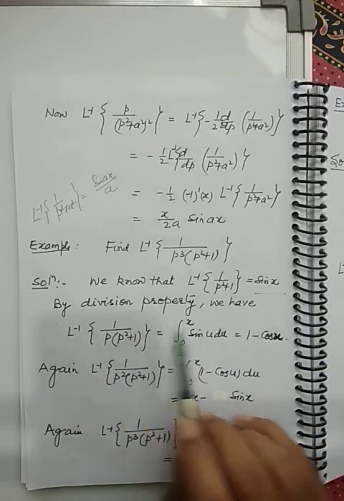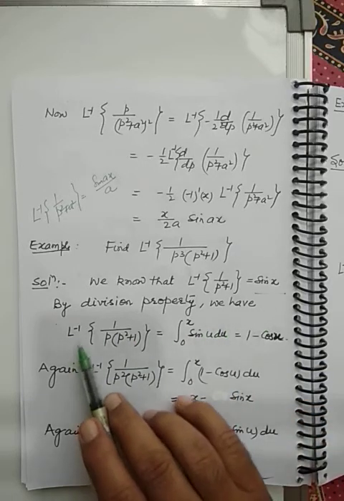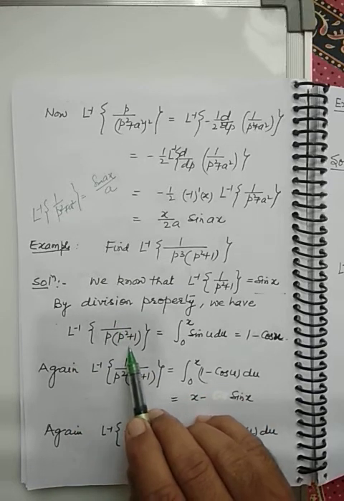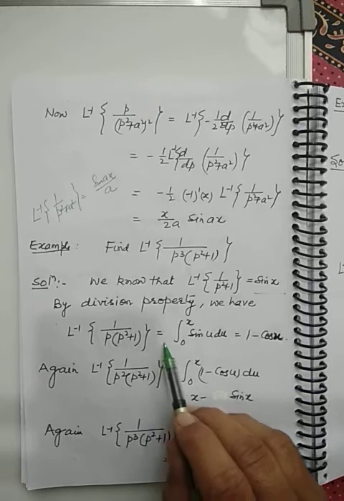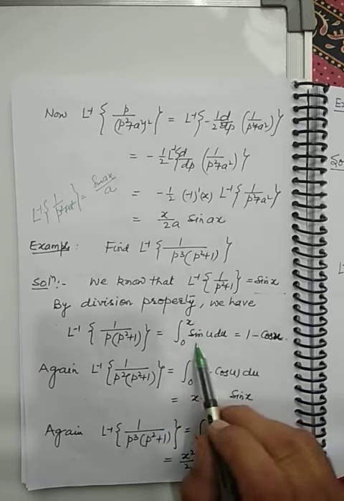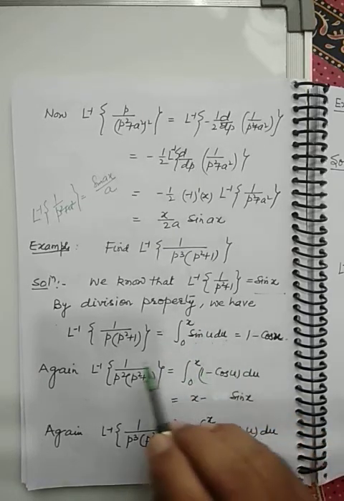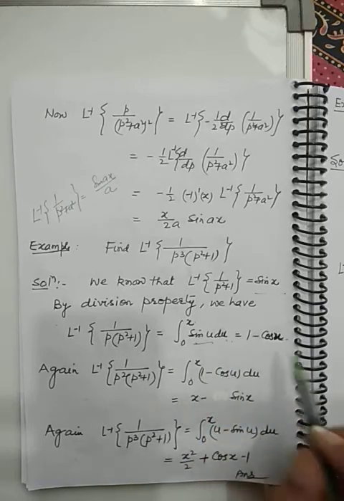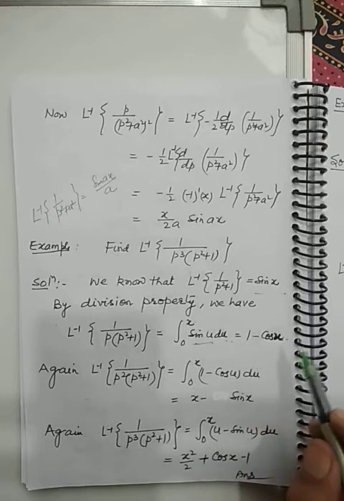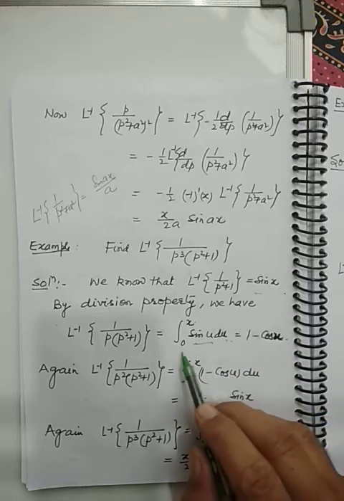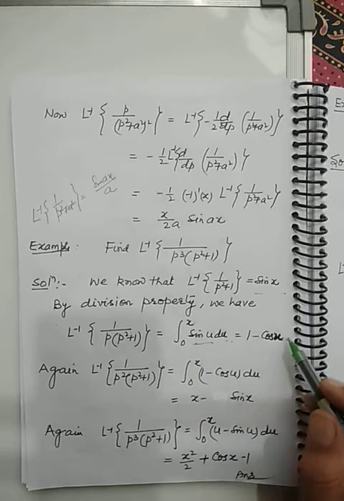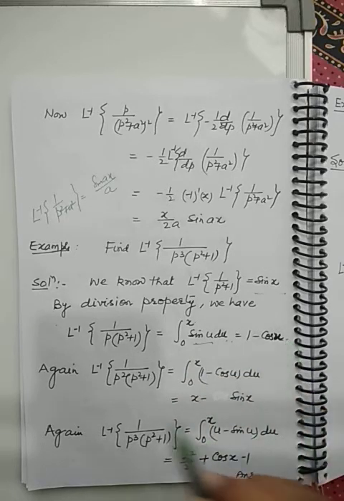By the division property, the inverse Laplace transform of 1 upon p into (p square plus 1) will be equal to integral 0 to x of sin u du. Integrating this one, this becomes minus cos u. Putting the limits of u from 0 to x, it will become 1 minus cos x.